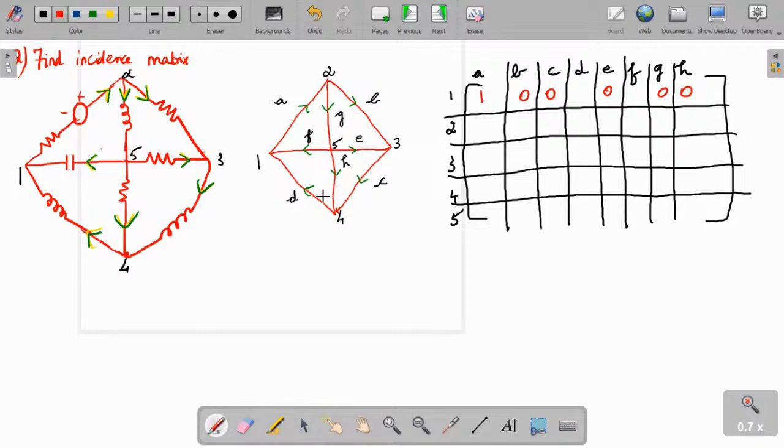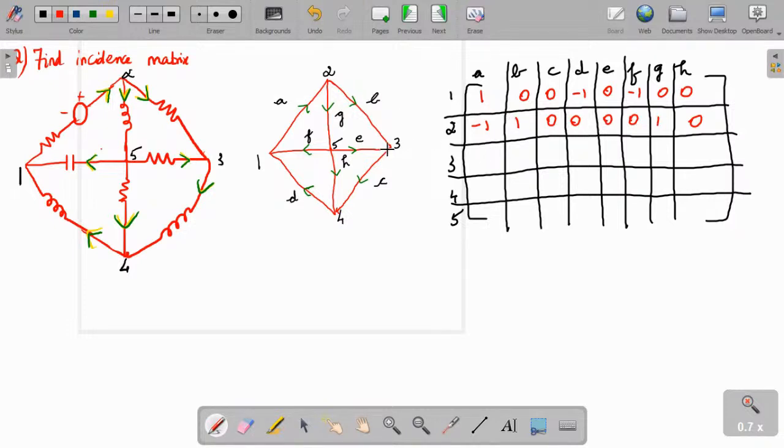D is a branch current approaching, so it is -1. Similarly F is approaching the node, so -1. Next, node 2 has A, B and G, other things are 0. So A is approaching, so -1, B is leaving +1, G is also leaving +1.